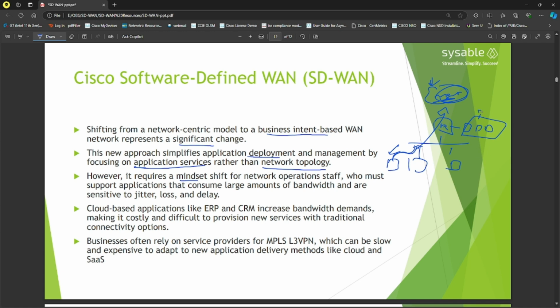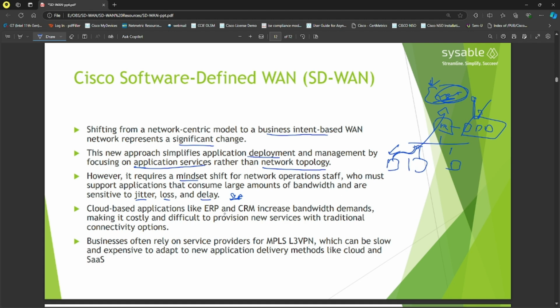Nowadays, applications depend on bandwidth, so we measure the bandwidth with the jitter, loss, and delay. Because we have multiple paths, we will create an SLA saying that if this SLA is not met or is breached, you go to the other link, or if any link is better than this SLA, just go with that link.